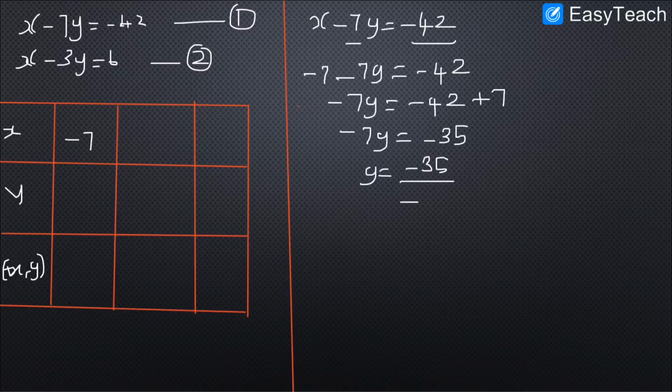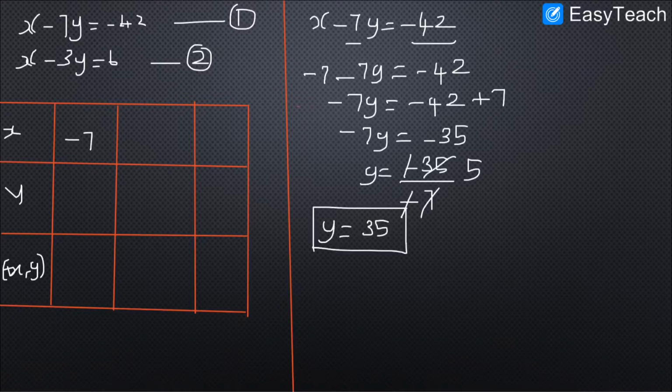So y equals minus 35 by minus 7. Cut the minus sign. 1 seven is 7, 5 sevens are 35. So look at this: our calculation was very easy since we chose the value for x as 7. And at the same time, 7 is not too big and not too small.